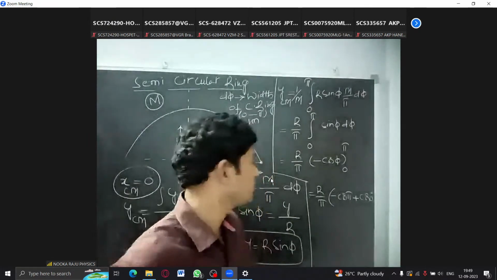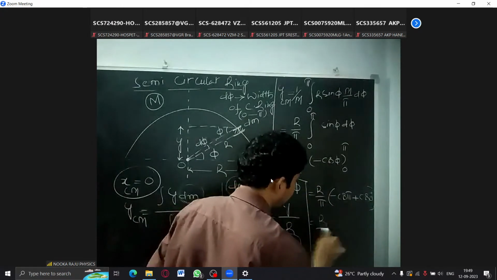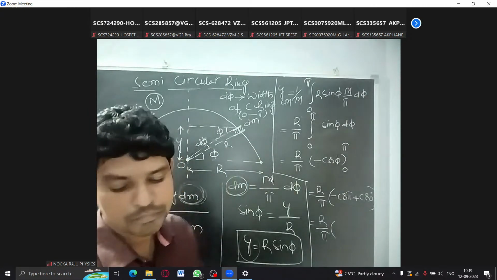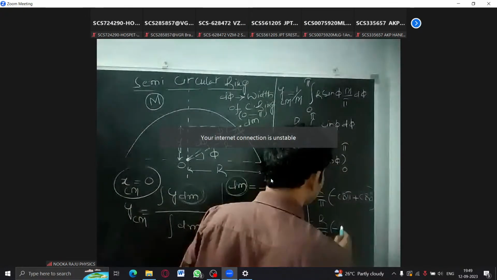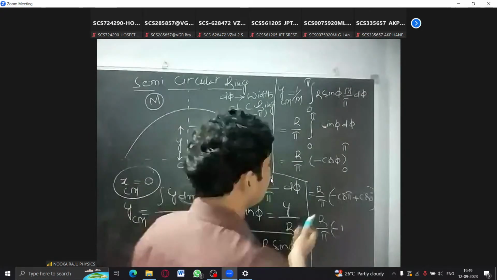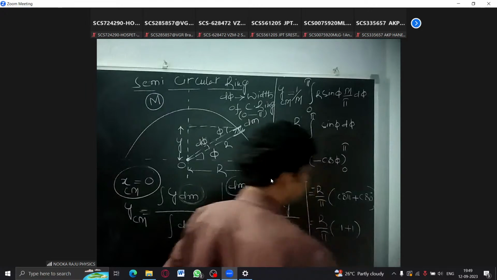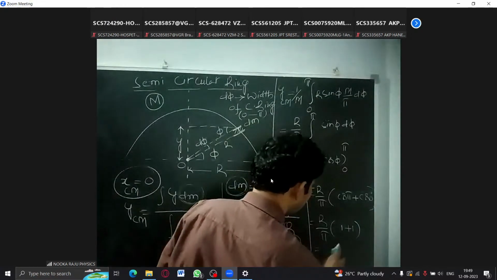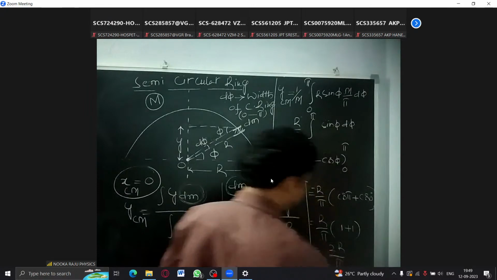What is the value of cos pi? Cos pi equals minus 1, so with the minus sign outside, it is 1 plus 1. Cos 0 equals 1. So what is the answer? 2r by pi. YCM equals 2r by pi.